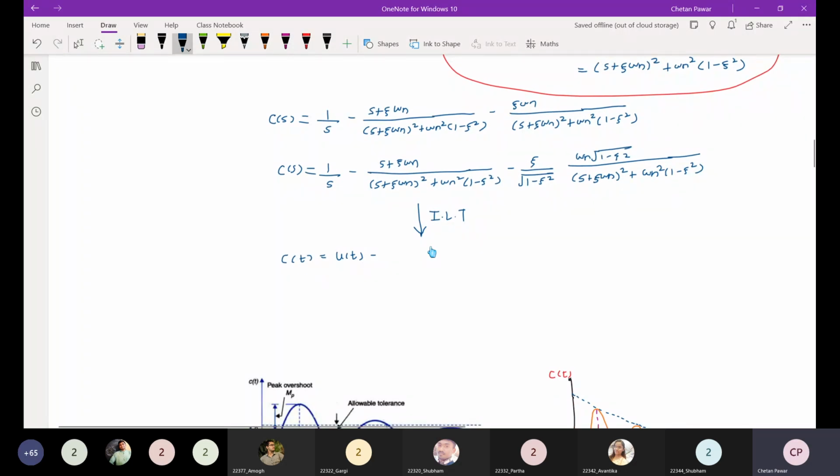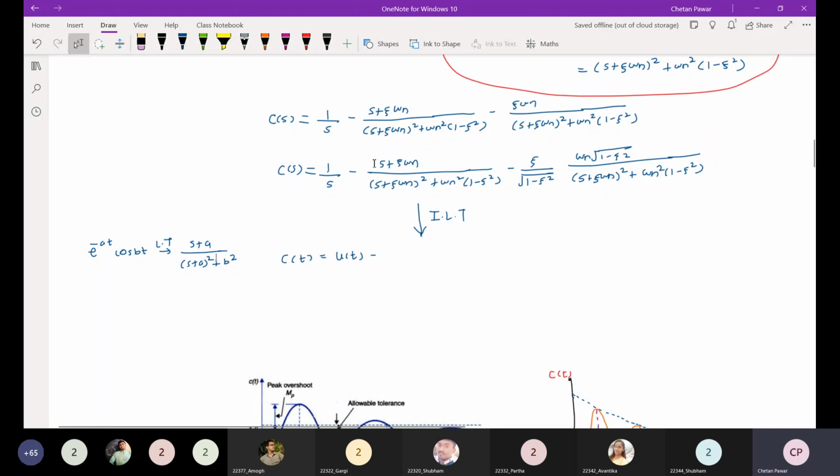I will tell you one identity here. The Laplace transform of e raised to minus at into cos bt is (s plus a) upon (s plus a) square plus b square. Now you tell me the inverse Laplace transform of this term.